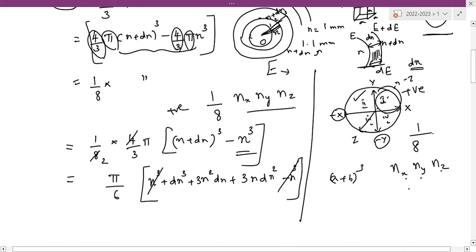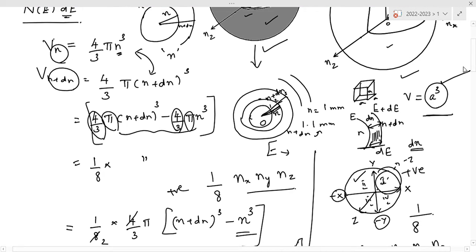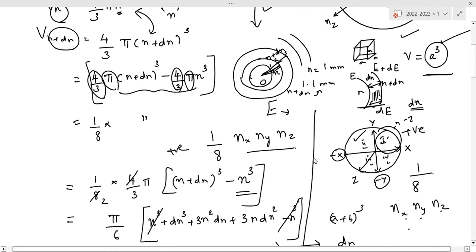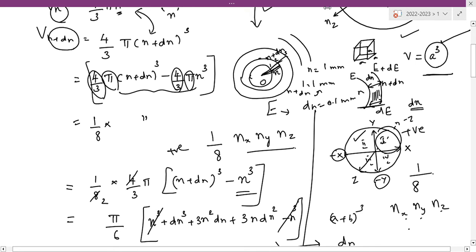Also we have dn. I gave you an example that dn here is the smallest difference. Therefore, if dn is very small, just like this, I have taken here as 0.1, dn is that 0.1 mm as an example here. That is n plus dn is 1.1 mm, n is equal to 1 mm. This is an example.